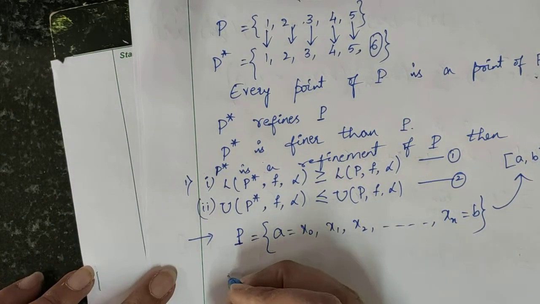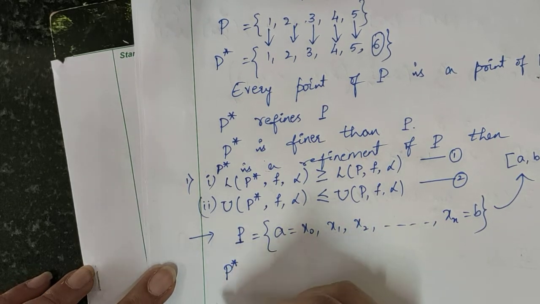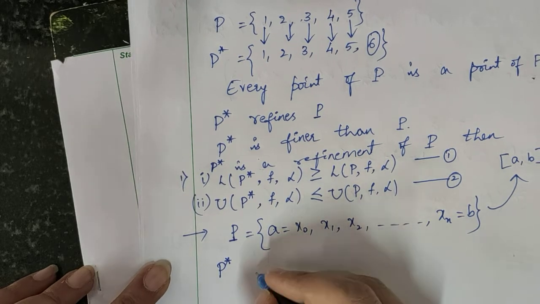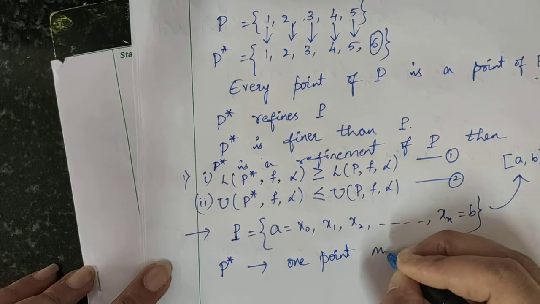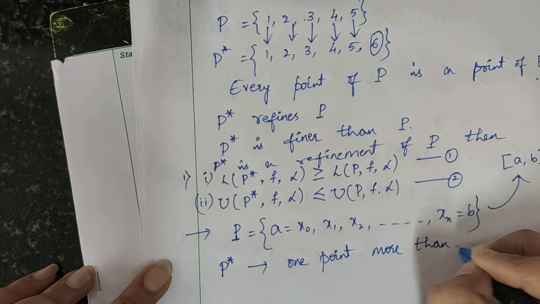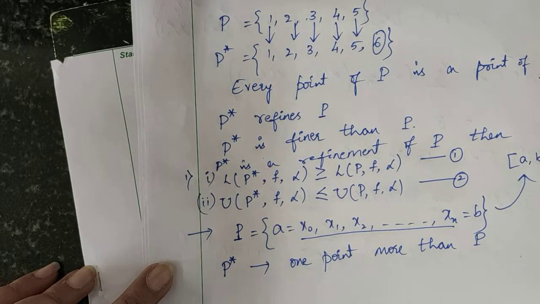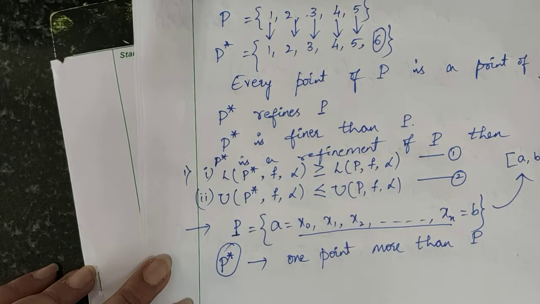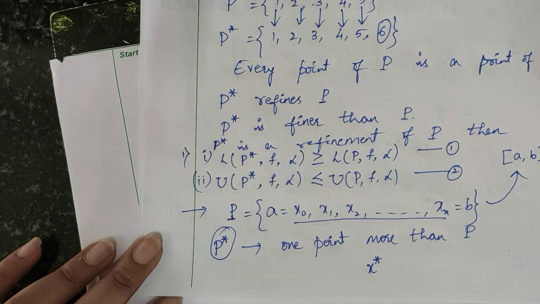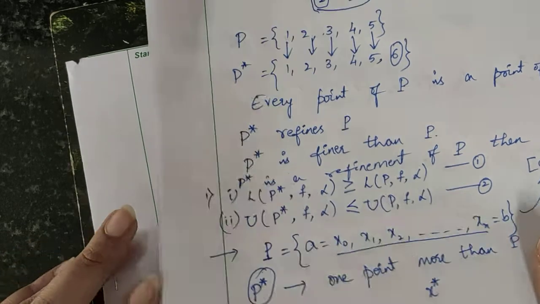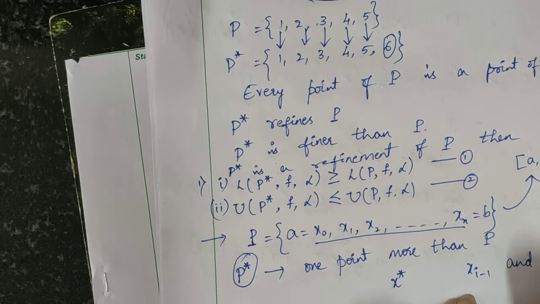Now suppose I consider P star as another partition which contains just one point more than P. That means along with these points, I have one extra point in my P star. I will denote that extra point as x star, and this x star will be lying in between xi minus 1 and xi.